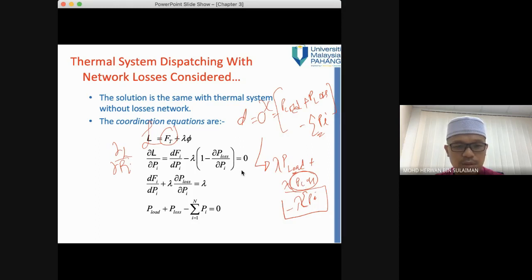That's why you cannot avoid it. So at the end of the day, when you do the rearrangement, you get this equation. Okay, then you just make a simple arrangement to get lambda as the subject: dFi over dPi plus lambda dP loss over dPi. Okay, and we know that this one is our equality constraint.